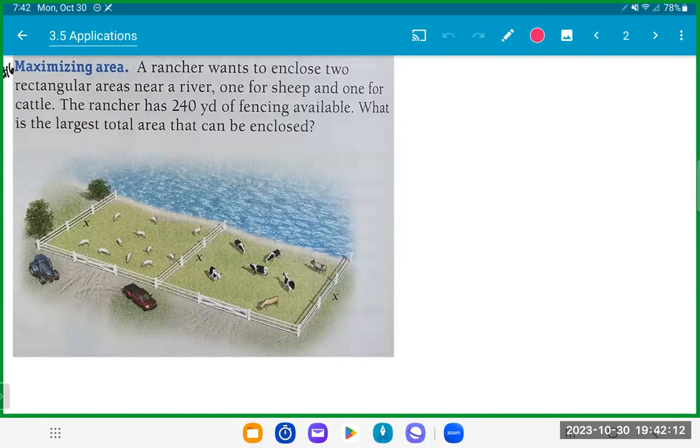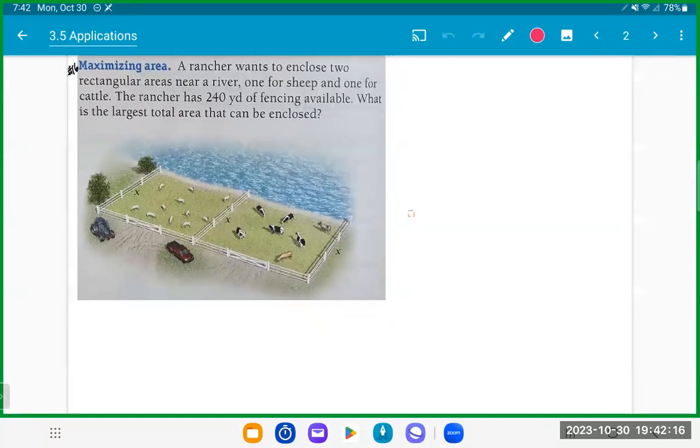In this case, there's a few things we can look at. First of all, when we're talking about area and perimeter, we really need to know our length and width. So let x equal our width. You can see here we have x, x, x. That's how wide it is, here, here, and here.